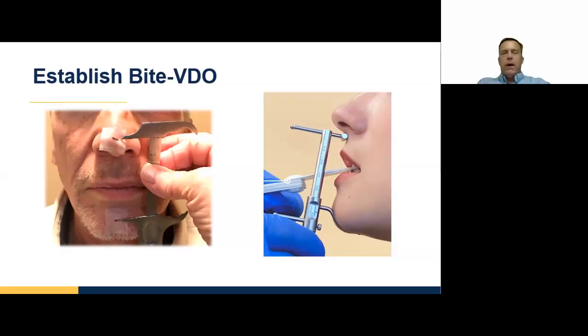And it seems like most practices that are doing a lot of full arch are using this all the time. The other thing that's nice about it is it gives you a measurement that you can use and record in the chart. So I think either method is great for finding VDO, but I'd say the one on the right is faster and easier to document numerically.